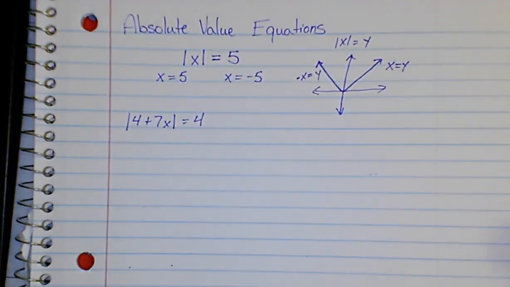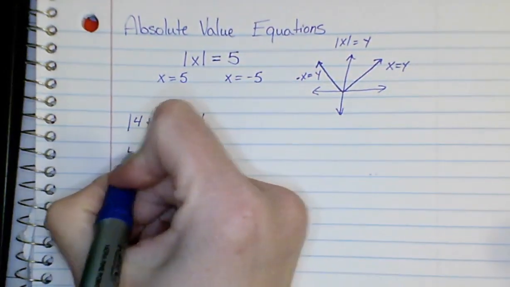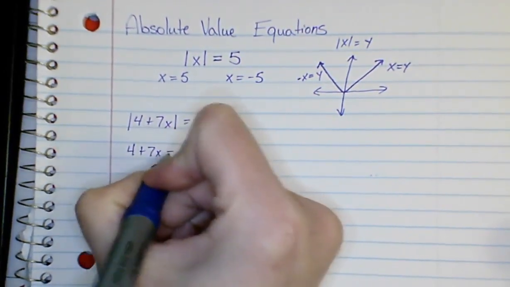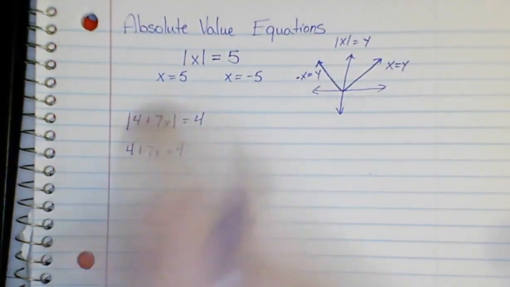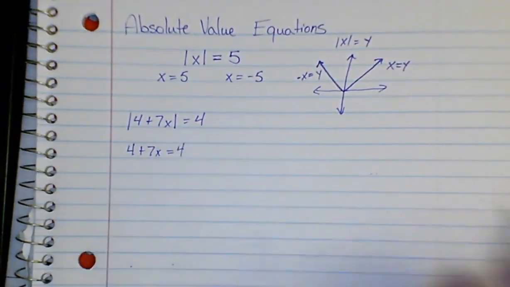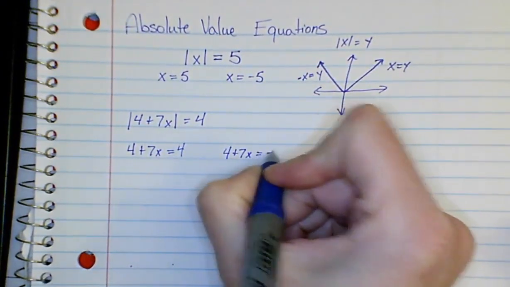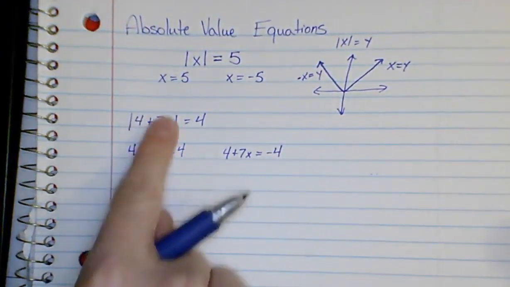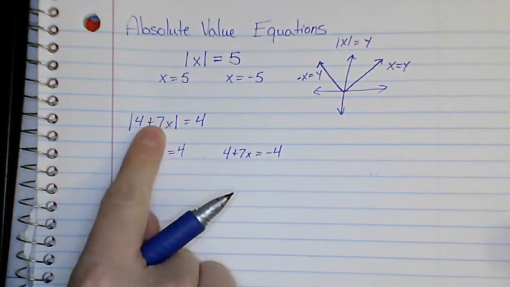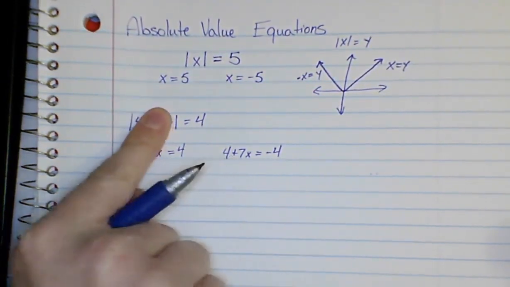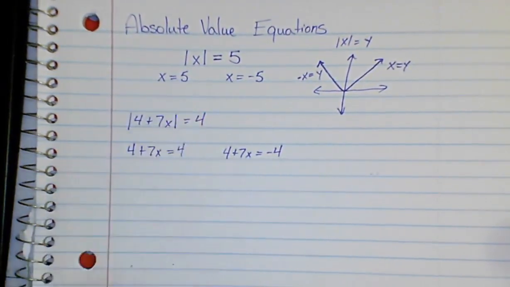So we have an absolute value equaling 4. In this case, if we replace the 4 plus 7x with a 4, the absolute value of 4 is 4. If we replace it with a negative 4, the absolute value of negative 4 is 4.